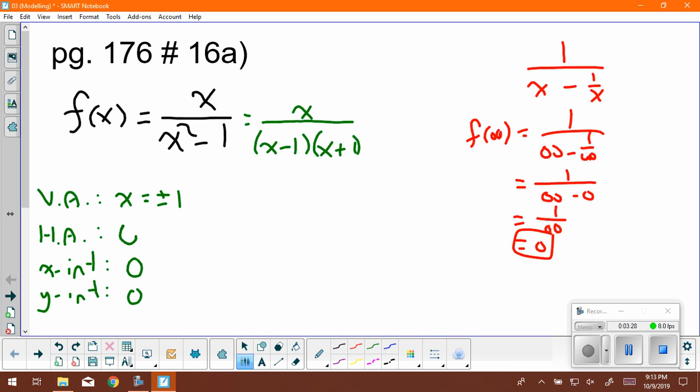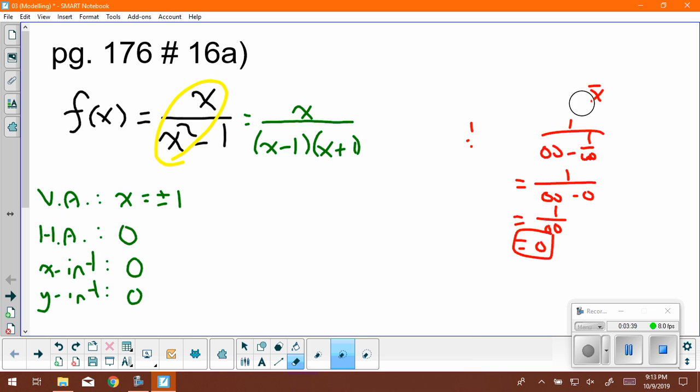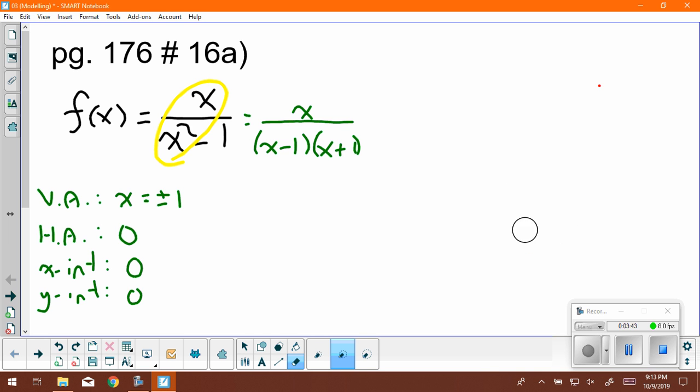Another way you can think about that is just by comparing the powers. If you look at x squared and x, think about what's going on for a second. As the numbers get really, really big, as we go towards infinity, sort of like thousands, millions, billions, what happens to those two things?